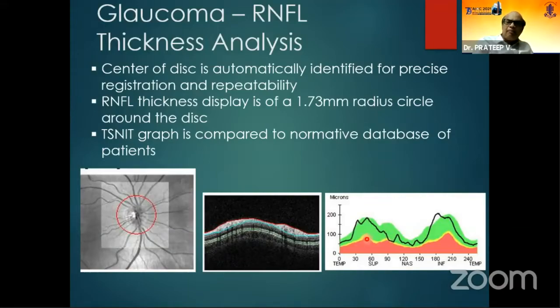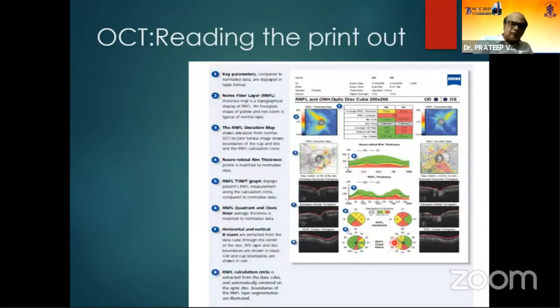The yellow is where the p-value is less than 5%, and the red is where the p-value is less than 1%, so it is highly significant. You can see the enhanced image of this OCT, where this is a very thick RNFL and this is a very thin RNFL, and in this area the RNFL thickness is dipping.